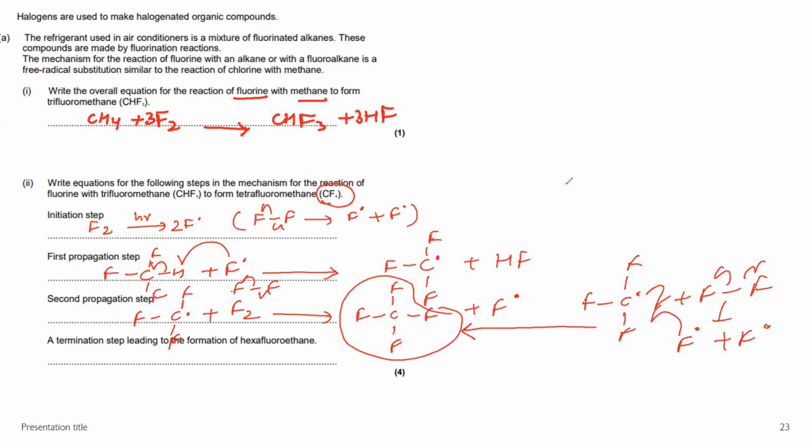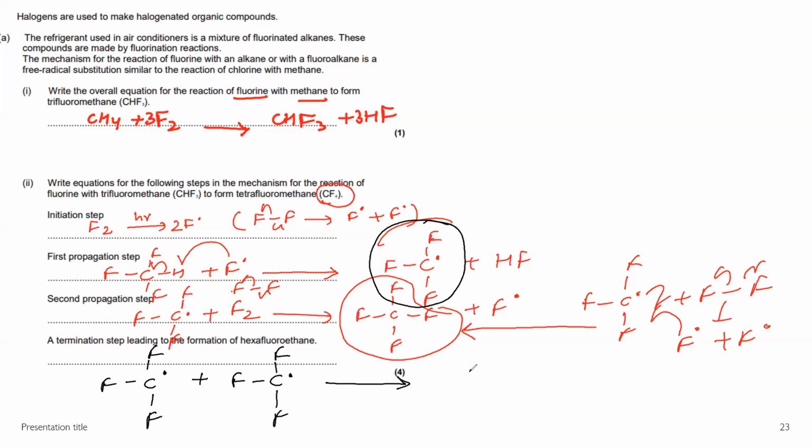So we have this radical, correct? This radical is present, so I will take this radical. This radical can combine with another molecule of this radical and they can form CF3-CF3.